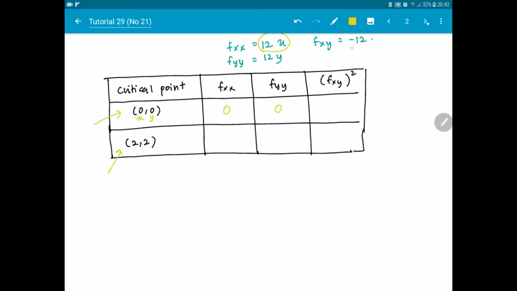And fxy, we know it is negative 12, so just take it there, negative 12 squared. The same goes for the second point, which is (2, 2). Substitute this value into this one, 12 times 2 equals 24, 12 times 2 equals 24. This is the same, negative 12 squared.